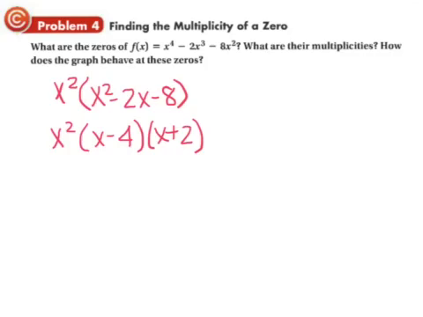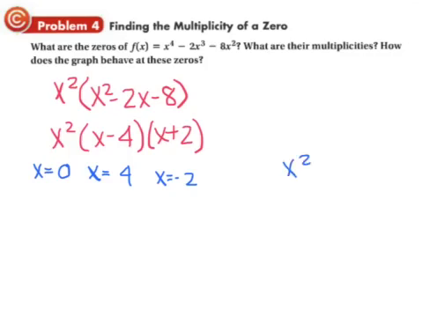Once you factor, then you need to find your zeros. What would the zeros be here? Jordan? Negative 2, 4, and 0. Now, I want you to think about the x squared factor.